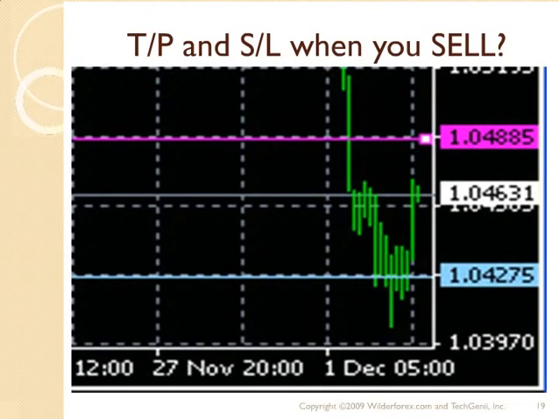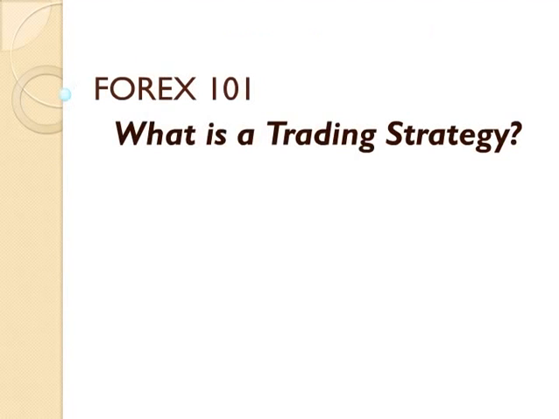The white line is the current price point, which equals 1.04631. The magenta line is the current stop loss price, which equals 1.04885. The blue line is the current take profit price, which equals 1.04275.